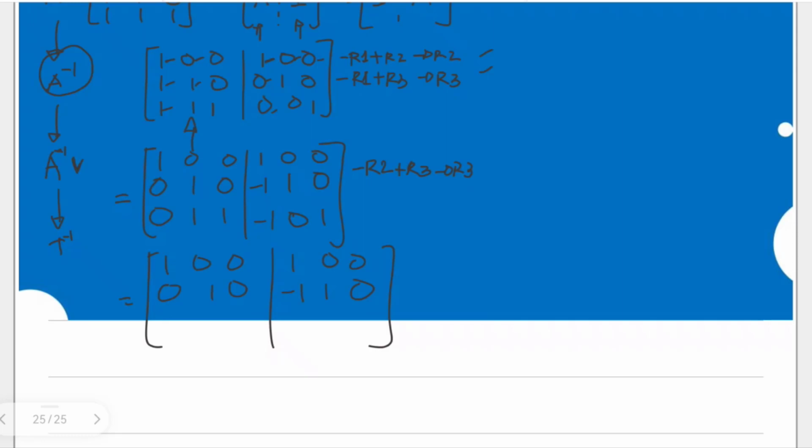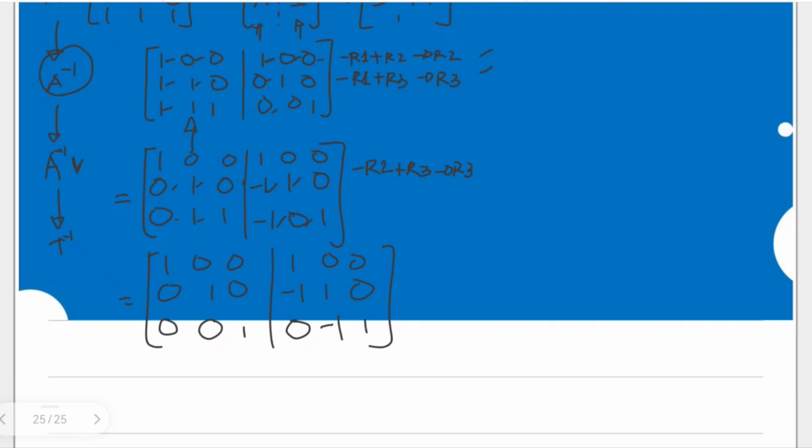Negative 1 times 0, 0, this is still 0. Negative 1 times 1 is negative 1 plus 1, 0. Negative 1 times this is 0 plus 1, so this is still 1. Negative 1 times negative 1 is positive 1 plus 1, 0. Negative 1 times 1 is negative 1 plus 0, negative 1. So this is still 1 here.